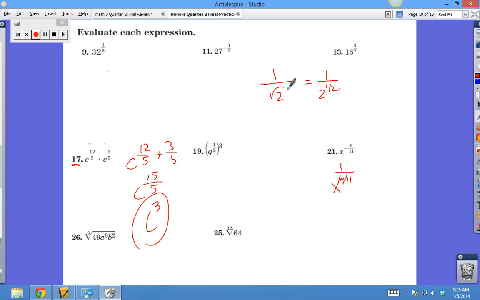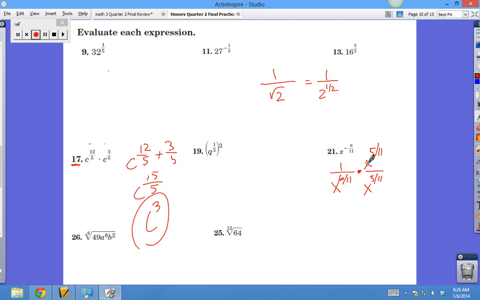So you can never have radicals or exponents that are fractions in the bottom. So I'm going to times it by a fancy 1. I'm going to times the top and bottom by x to the 5/11, because I know that I'm going to add these exponents together if I'm timesing the powers.